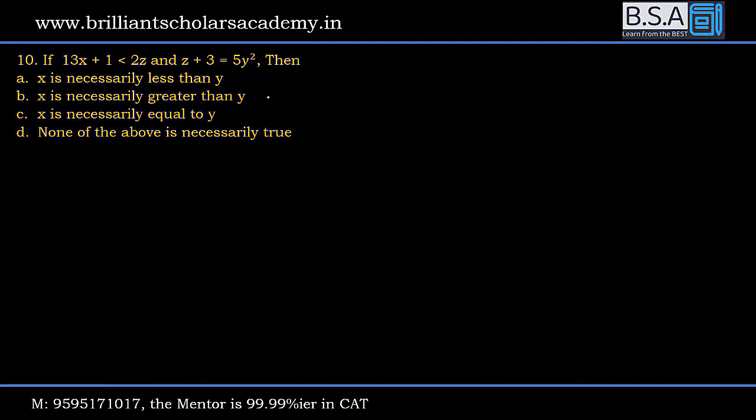So it's not exactly a linear equation question, but equations basically. Let's check. By giving you some equations between x, y, and z, we want to know whether x is less than y, x is greater than y, x is equal to y, or none of the above is true. So basically the comparison is between x and y.